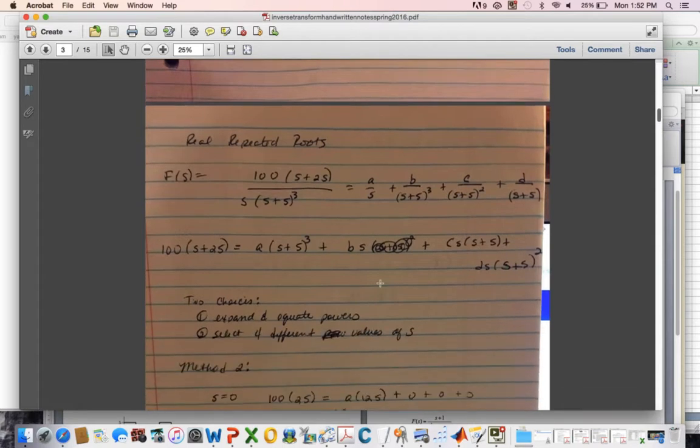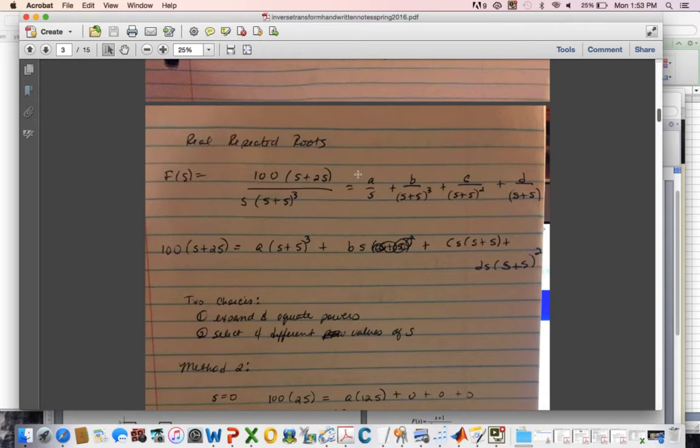Now, sometimes you'll have real repeated roots. So this is an example. This term in the denominator, s plus 5 cubed, is an example where you have a triple root at -5. And then you have another root at 0. Now remember, we have to ask ourselves, what is the most general form of individual factors that, when we find a common denominator, could give us this final expression?